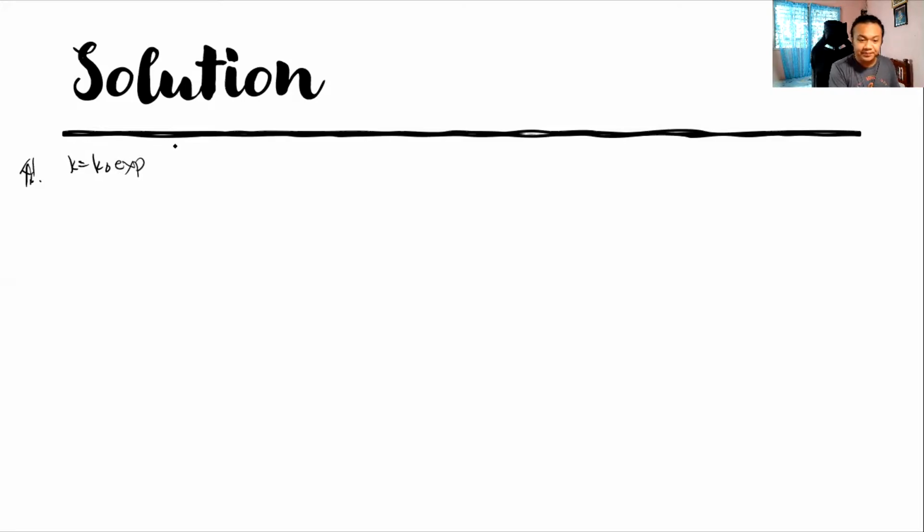It's k equals A e to the negative EA over RT. Okay? And then, if you want to find the K2 over K1, this is another form. So, EA over R times 1 over T2 minus 1 over T1.